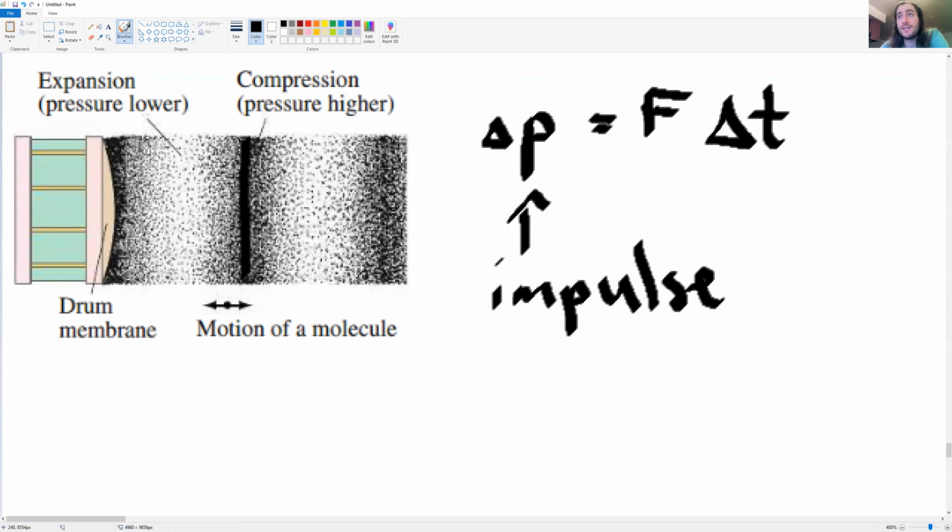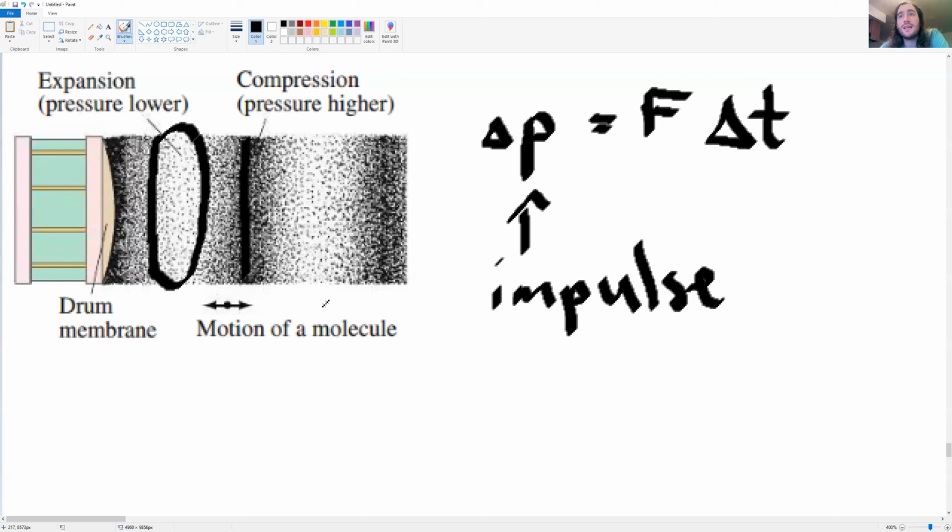So the pressure is high here, but over here, in this region right here, the air molecules are spread apart. And in that region, there are going to be fewer collisions, less impulse, less force due to those collisions, and therefore lower pressure.